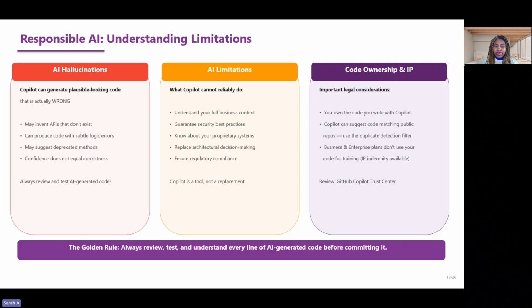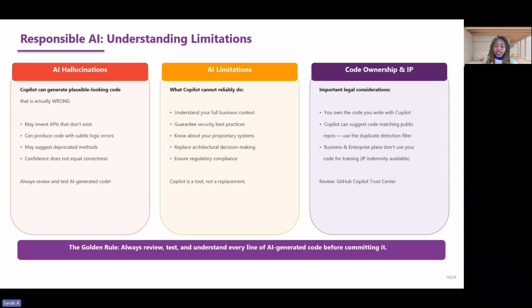The second part of the limitations that I want us to talk about is that it may not understand your business context, right? So it may not know about your proprietary systems unless you tell it through custom instructions or context. It also cannot guarantee security, right? So it may suggest code that has SQL injection vulnerabilities, or put in some tokens that are not supposed to be there as well, right?